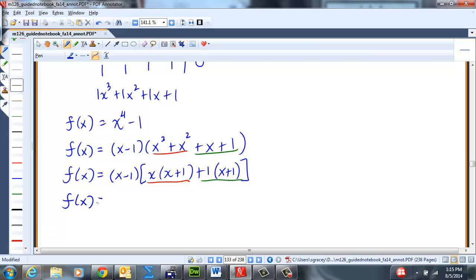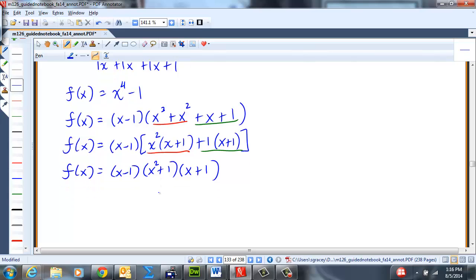So the depressed equation will be... oops, I missed my square, my bad. This was x squared that we factored out. There we go. So this will be x squared plus 1 and x plus 1. Okay, so this is the factored form.